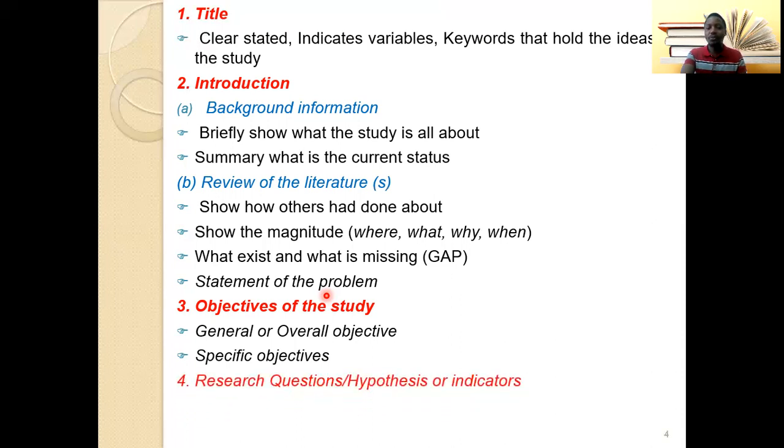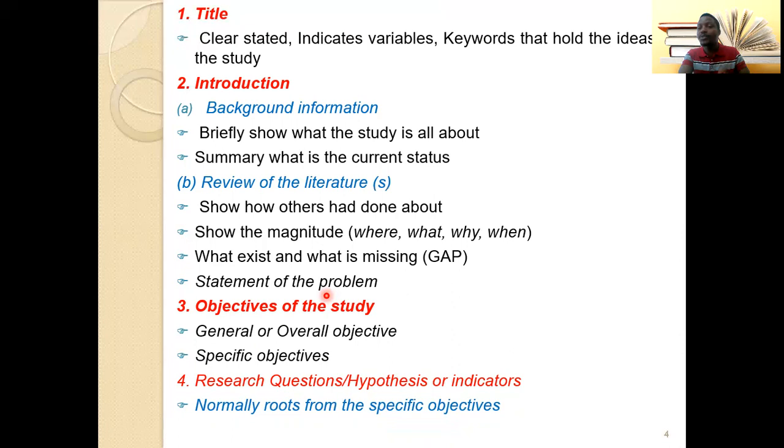Then after the objectives, you need to have the research questions. Normally these research questions are rooted in the specific objectives. From the specific objectives, you create the specific questions or the specific hypotheses or assumptions. These are the key role players of your study, because it is within these research questions, hypotheses, assumptions or indicators that you create your questionnaire, if you intend to use one.